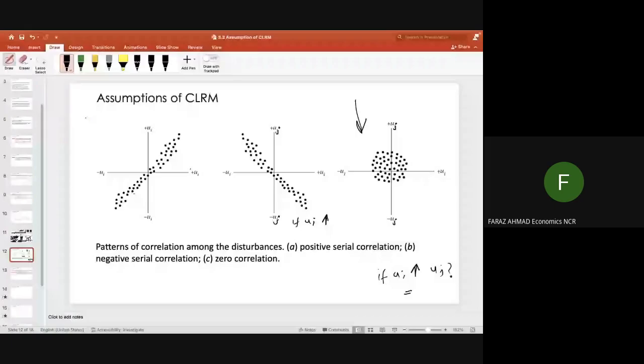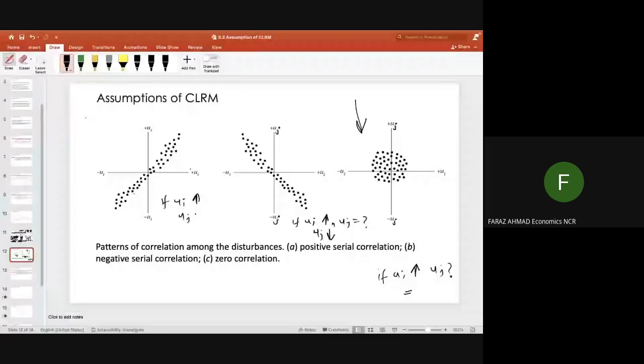But if somebody asks you here, if ui rises, what happens to uj? It declines. You can say uj falls. In this graph, if ui rises, what happens to uj? In the first one, it increases. uj rises. So you are clear that if ui rises, uj will rise.